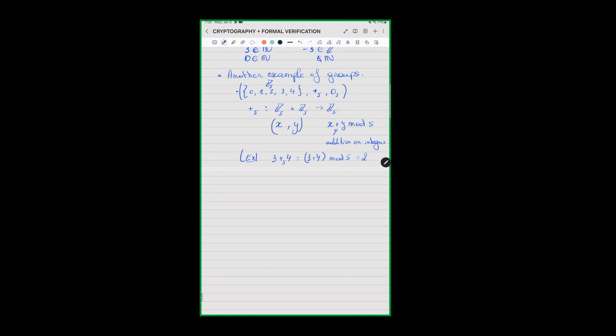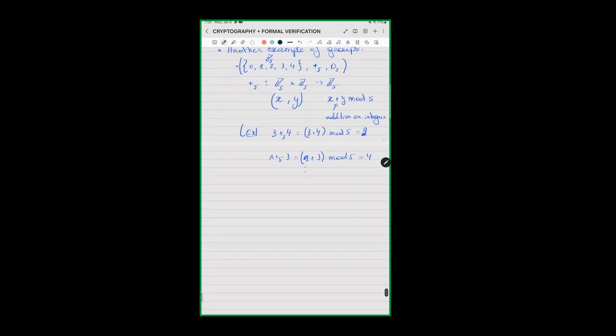So you see that modulo 5, you just take the rest of the division by 5. If I take 1 plus 3, mod 5 is going to be equal to 4.